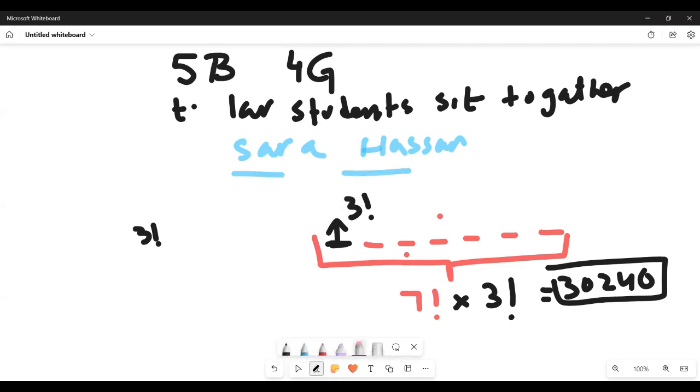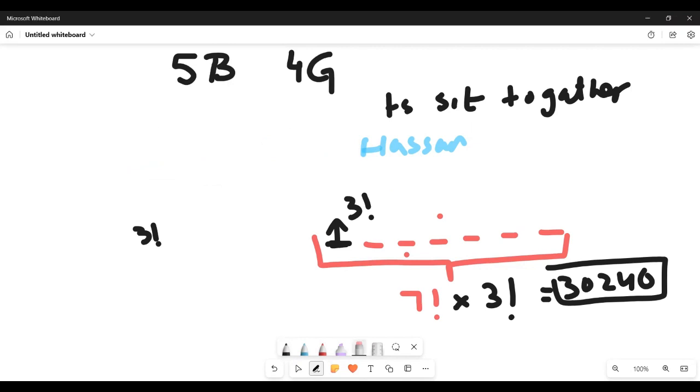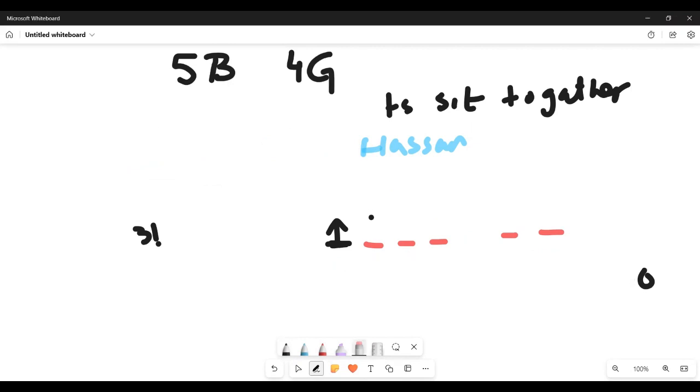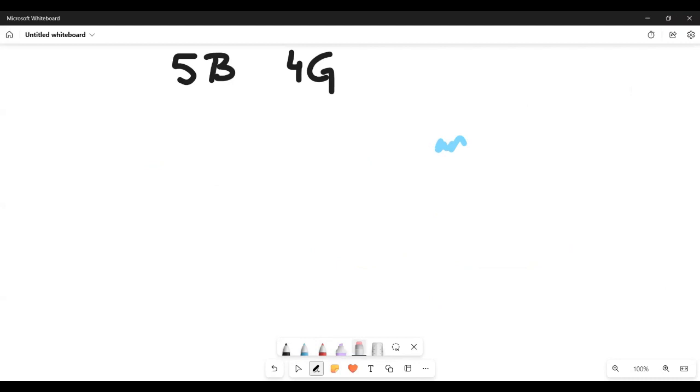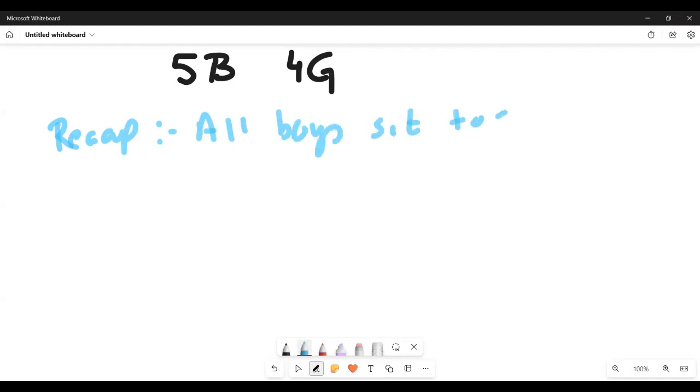Then there's the case which is, let's first recap the case that all boys sit together. Recap. All boys sit together.